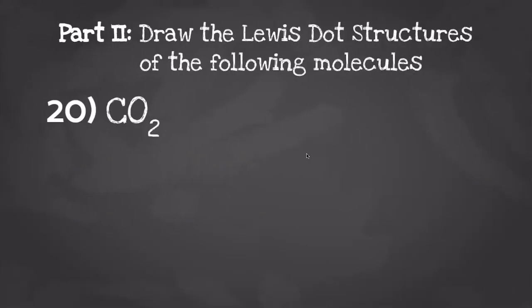For our next one, we have carbon dioxide. Carbon has 4 valence electrons, and oxygen, each one is going to have 6.